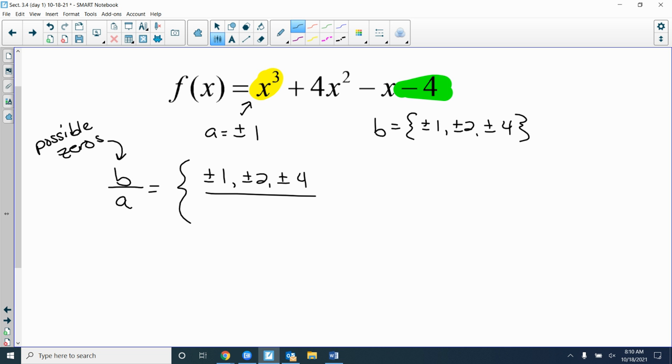Since I already used plus or minus up here, I can just use the number 1. Since my A is just a 1, what do those all simplify to? They're all divided by 1, so 1 divided by 1 is 1, 2 divided by 1 is 2, and 4 divided by 1 is 4, right? So this simplifies down to plus or minus 1, plus or minus 2, plus or minus 4.